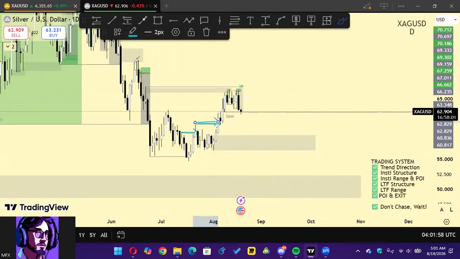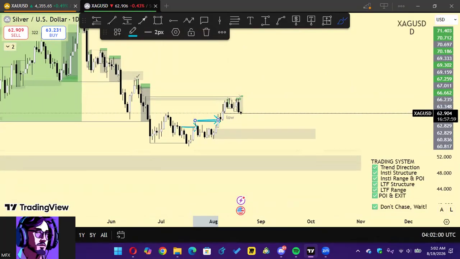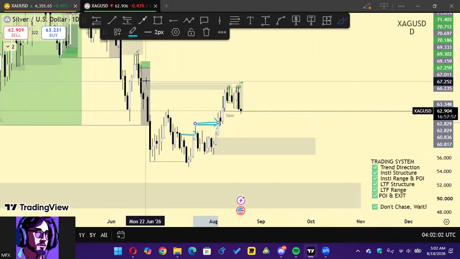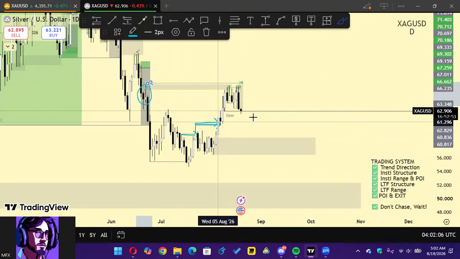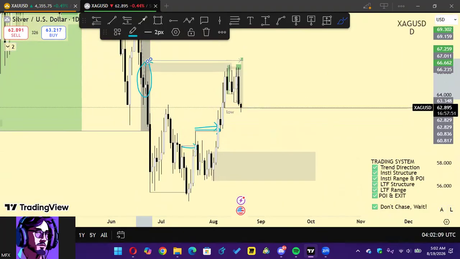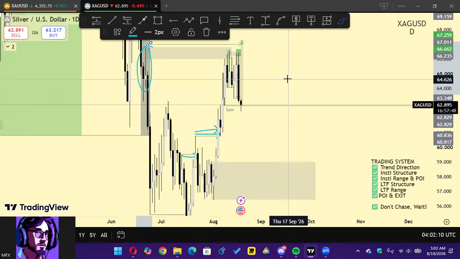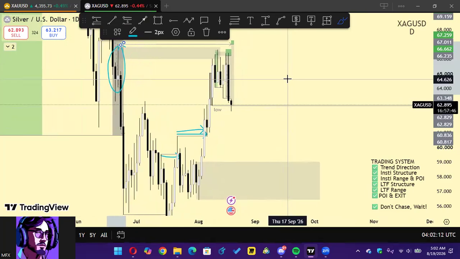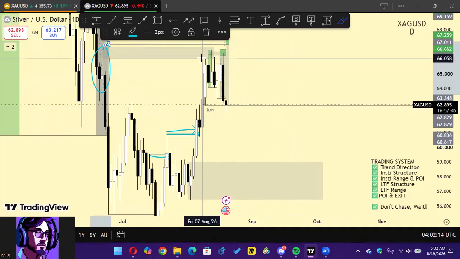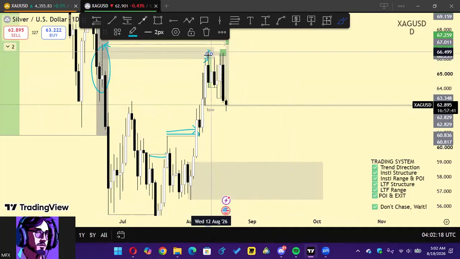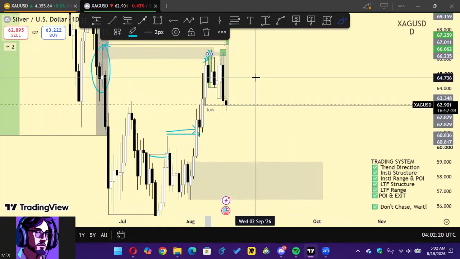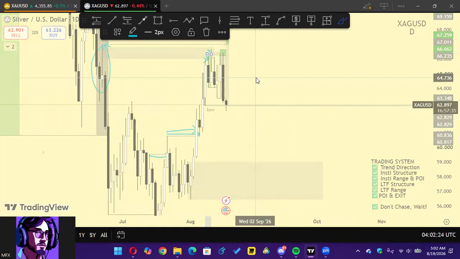And price mitigates this POI, and in the same process gives us a liquidity grab on higher time frame without a candlestick body close. What do we expect? Sells. And what did I have to do?